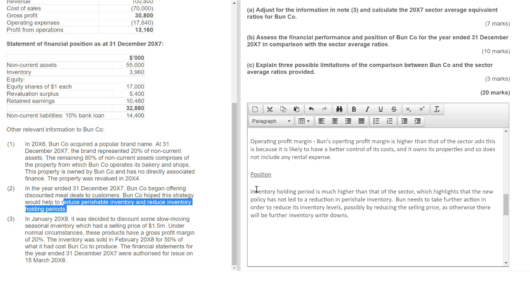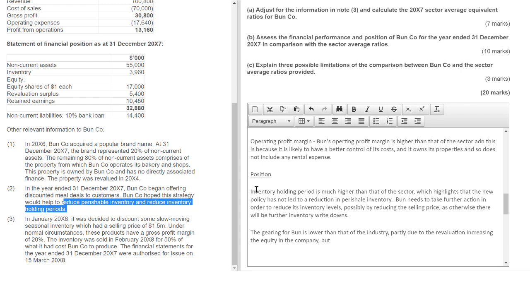In terms of the gearing for Bun, it is lower than that of the industry, partly due to the revaluation increasing the equity in the company.